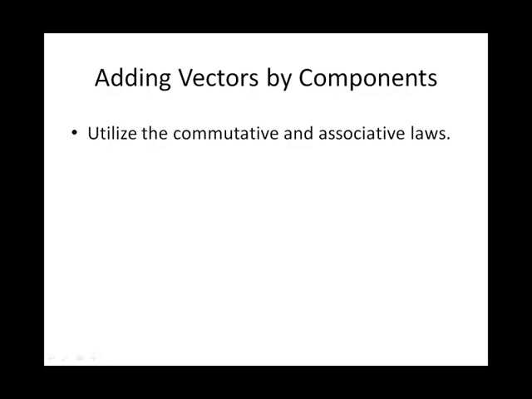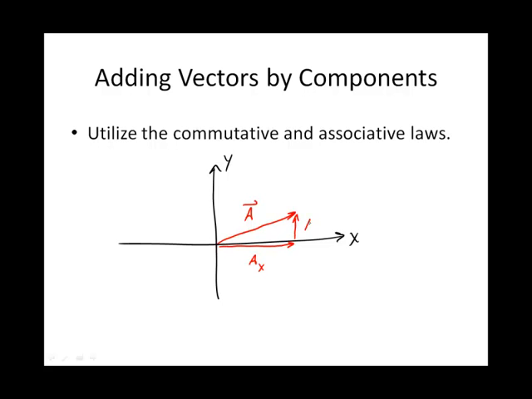So we want to talk about components of vectors because they're going to really make a difference for us. We've already talked about this a little bit, so let me redraw an x and y coordinate system. So here's x and here's y. Let me have a vector quantity A, and we already know that A has a component in the x direction and a component in the y direction. I'm going to label those a sub x and a sub y, and let me just say that those are also vectors.